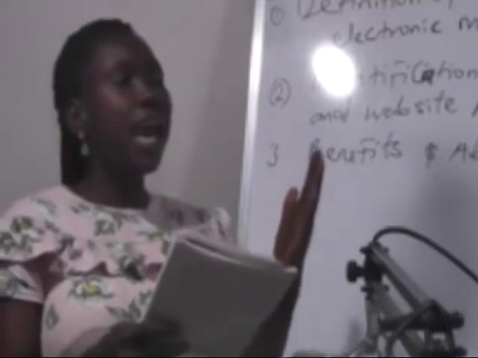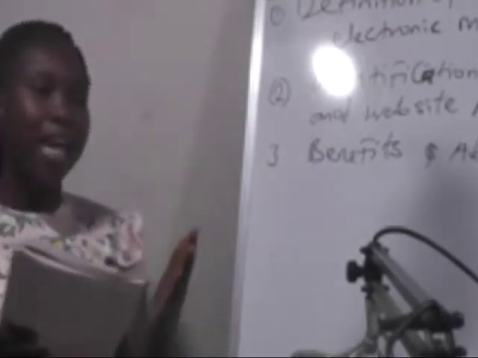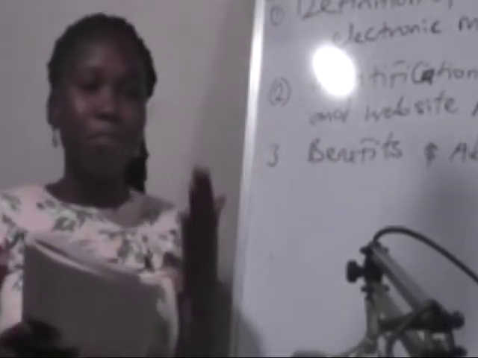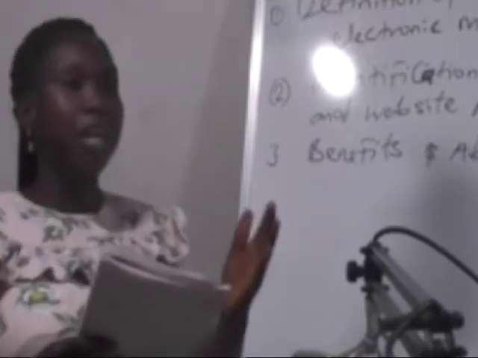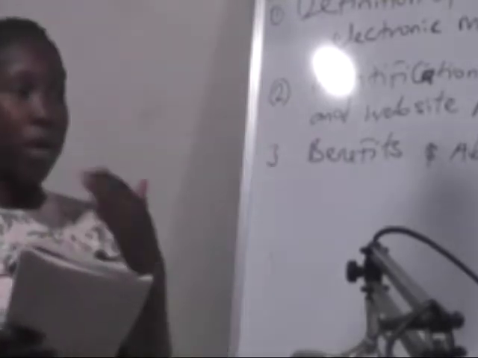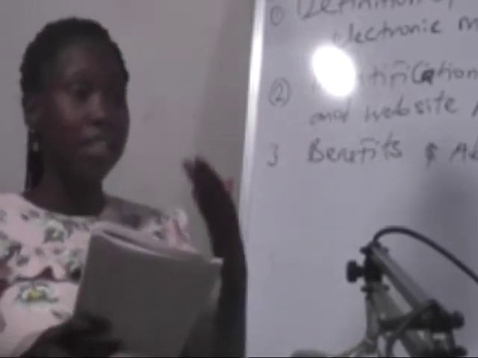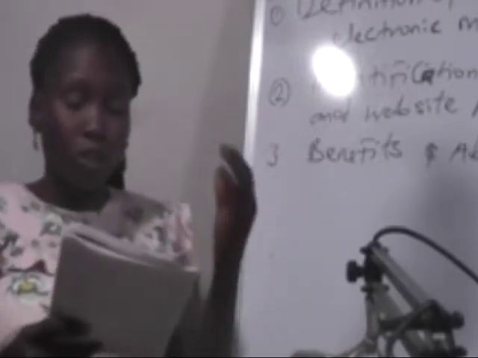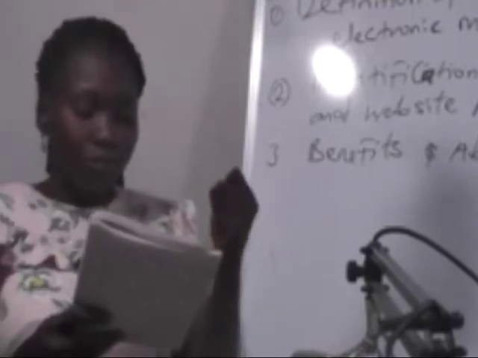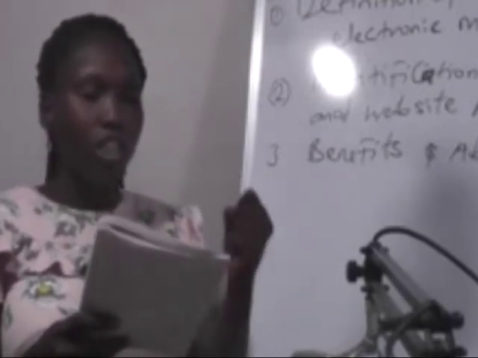Whenever you see an email that ends with edu, it means that particular email is owned by an educational institution. Whenever you see another mail that ends with gov, that stands for government. Then mil is for military.